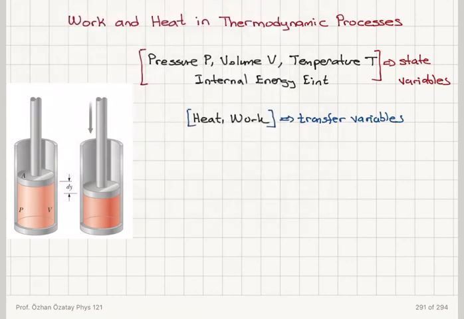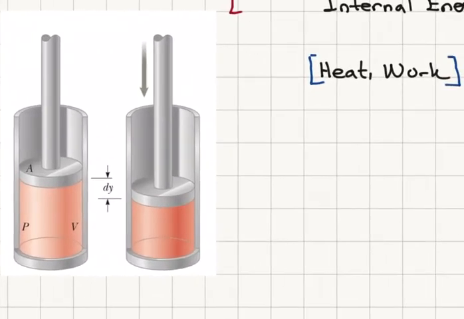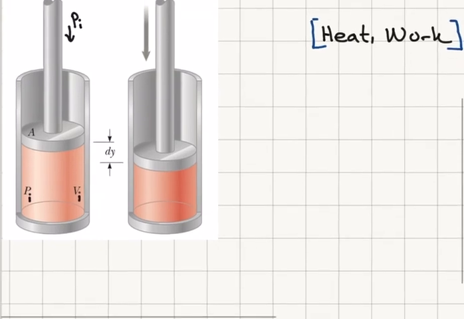Now I want to think about an experiment where I have a gas trapped in a cylinder. So this is normally under equilibrium. At the beginning I have an initial volume V initial, there's an initial pressure P initial, and the outside pressure must be equal to the pressure of the gas so that the system stays at equilibrium.